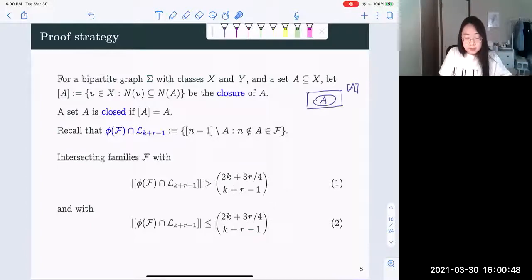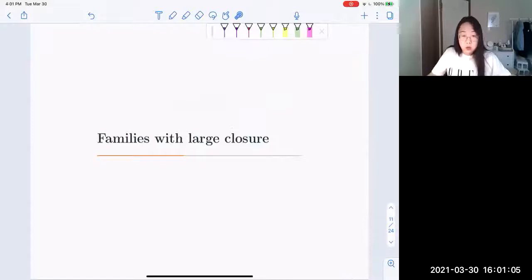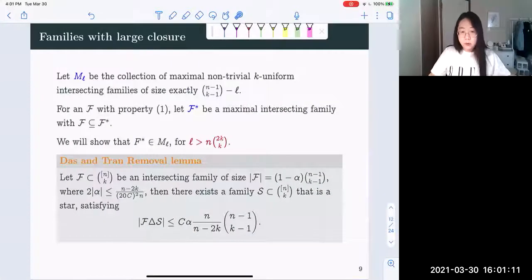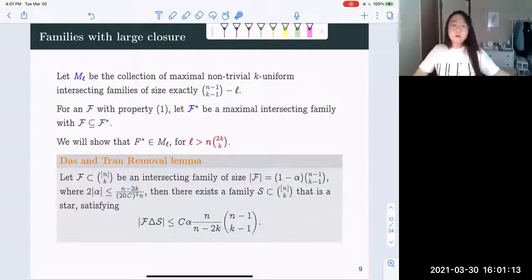The first case is when the closure of this intersection has large size, and the second is for smaller size. And we're going to use totally different tools to deal with these two cases. Okay, let's start with case one, the family with large closure.